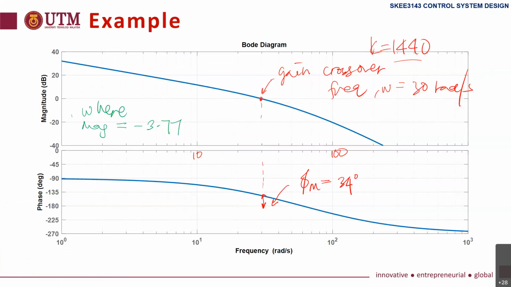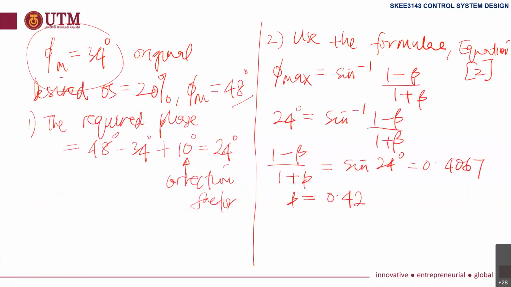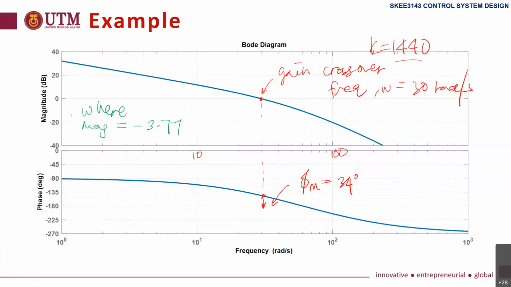Because we will add plus 3.77, we need to find where it is minus 3.77, so that when they add together, it becomes 0 and it will be the gain crossover frequency.